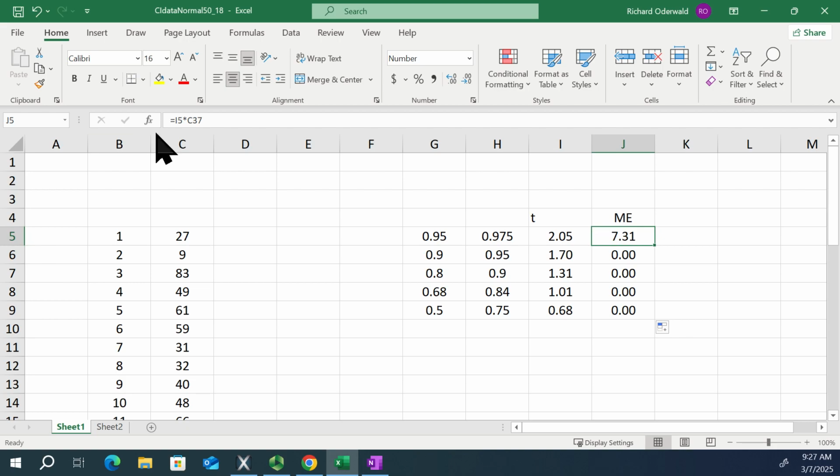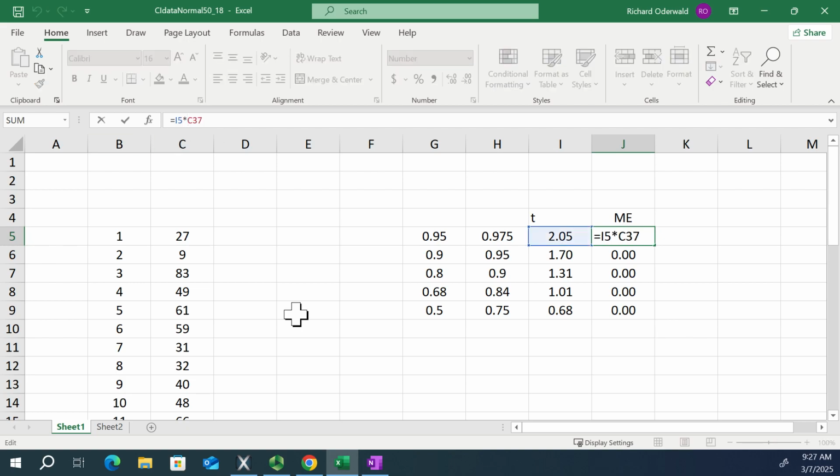To do that, all I need is a $ sign in front of the C and in front of the 37. I can lock rows and columns individually with a $ sign. Here I've got it, so no matter where I move this formula, it's going to multiply by whatever's in C37.